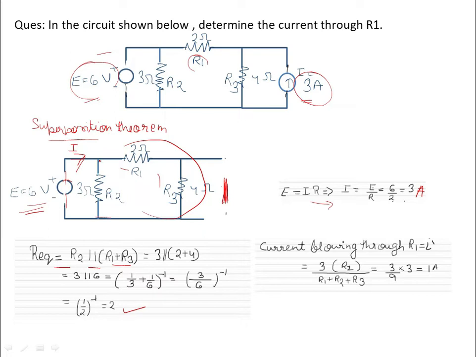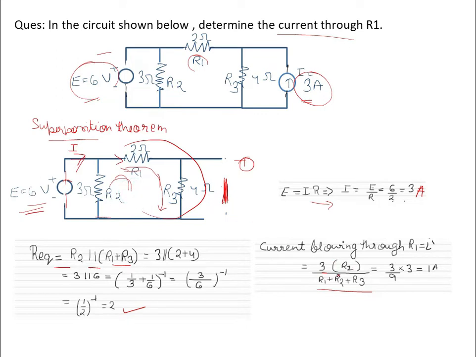Now we have to find the current flowing through R1 as it was asked in the question. Here we are going to use the current division rule, which we have studied in the first lecture. So the current flowing through R1 is the total current, which is 3, divided by the total resistance, and then if you want to find the current flowing in this branch, you have to multiply it by the resistance of the other branch.